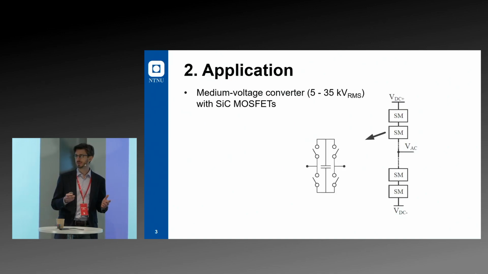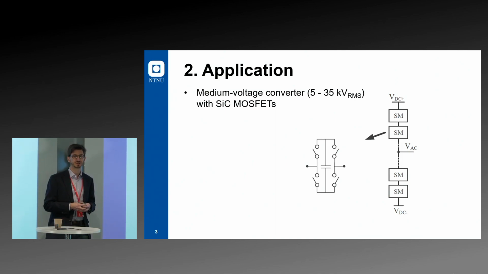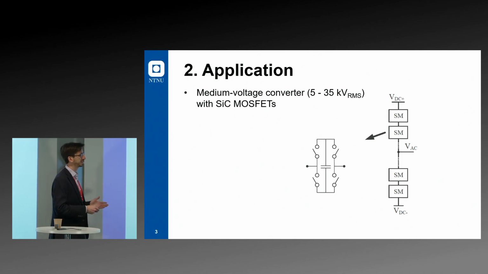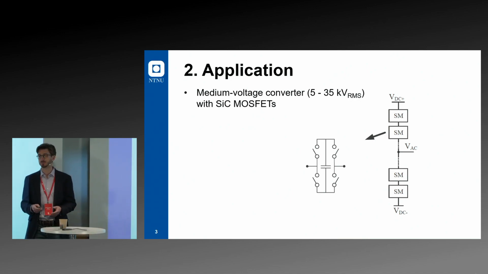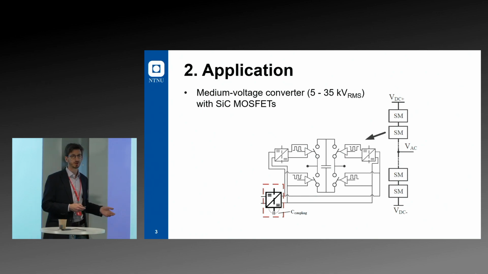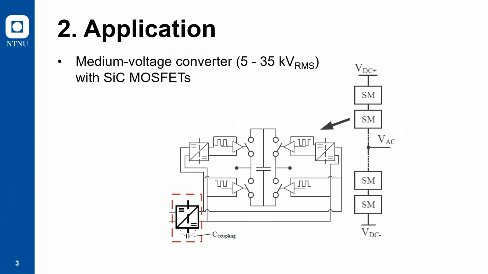Medium voltage converters are becoming increasingly interesting for many industrial applications, e-mobility. So you can have a range of different converters. Here I'm showing a multi-level type converter where you have several sub-modules, which could, for example, contain a full bridge silicon carbide MOSFET converter, which needs some gate power, electronic sensors, and you could feed that from the DC link itself, or for some system benefits, you could choose to supply it from an external voltage source or energy source.